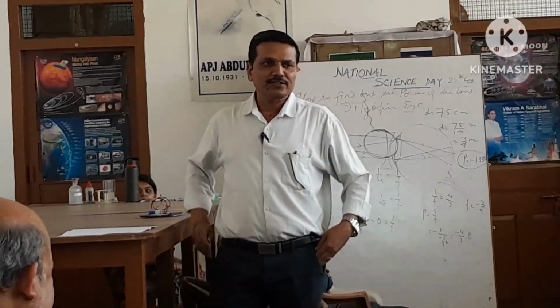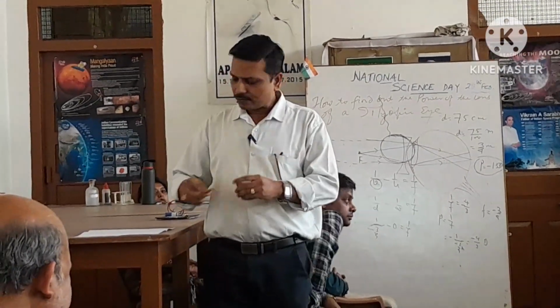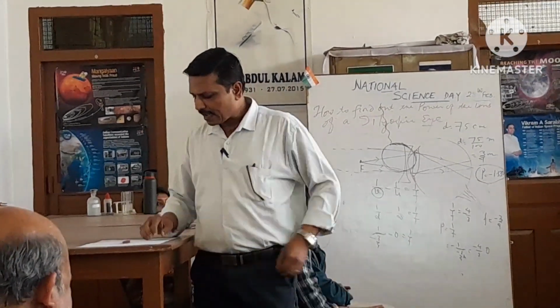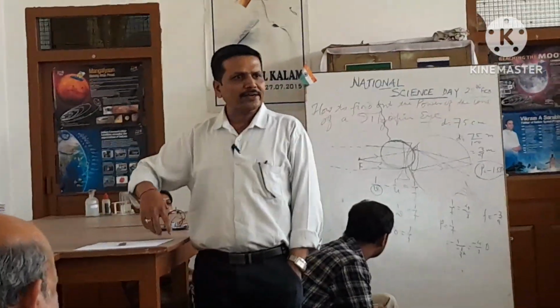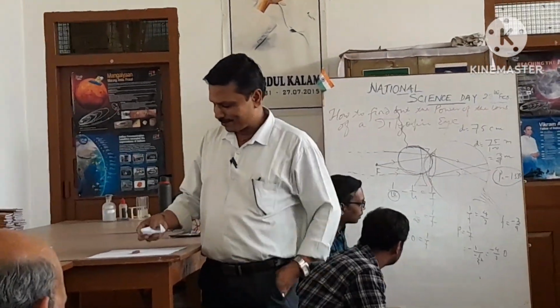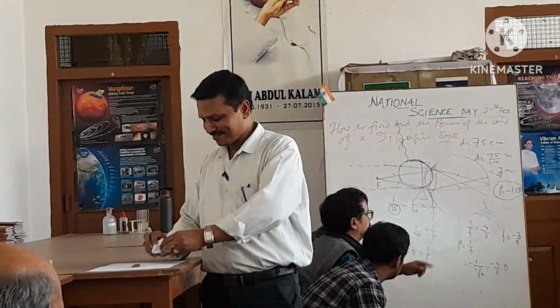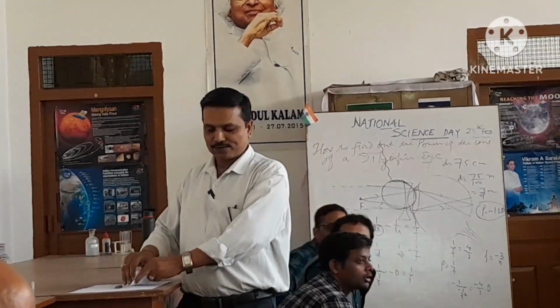How the magnetic lines of force can be demonstrated in space. This is a small magnet which I can keep over here, and with the help of some iron filings, the formation of magnetic lines of force around the magnet can be displayed in the class.